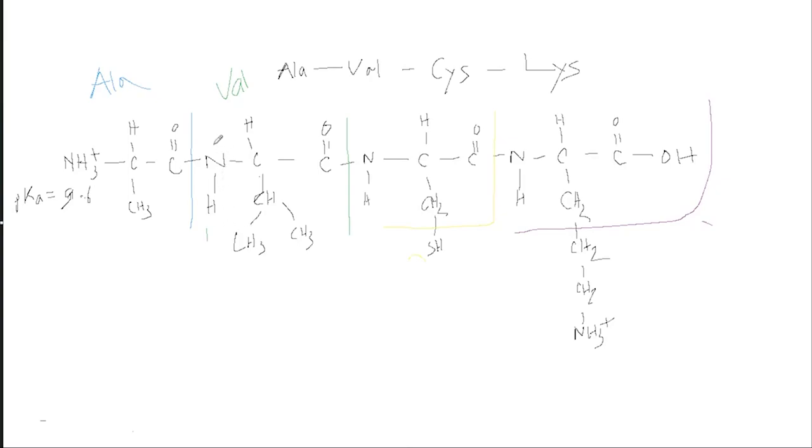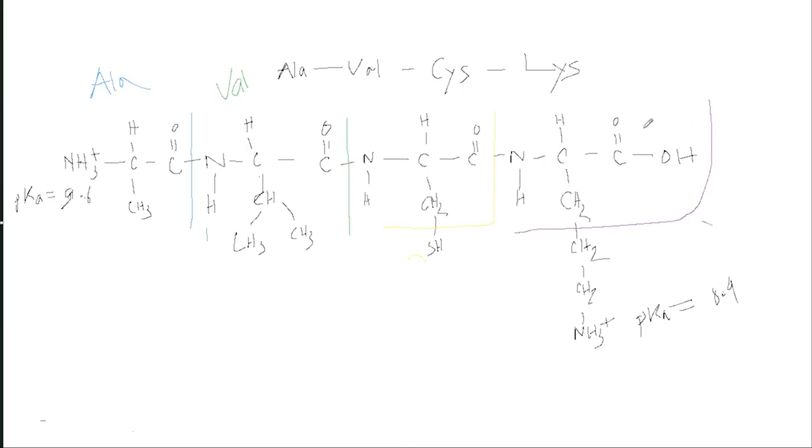So the side chains of valine and cysteine will not be deprotonated. Let's imagine the side chain of lysine to be deprotonated at a pKa of, let's just imagine, 8.4, just for consideration. I'm not sure what it is, but let's just imagine that.